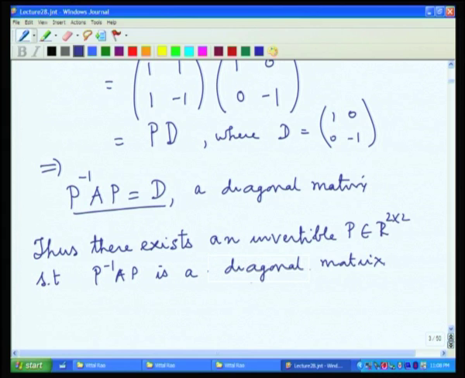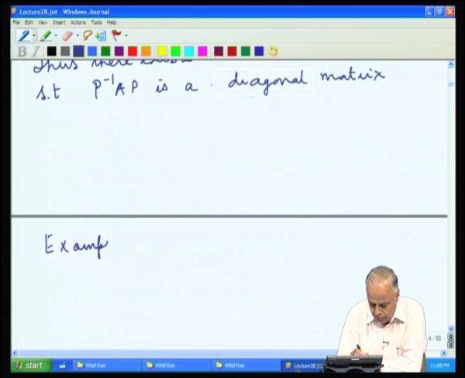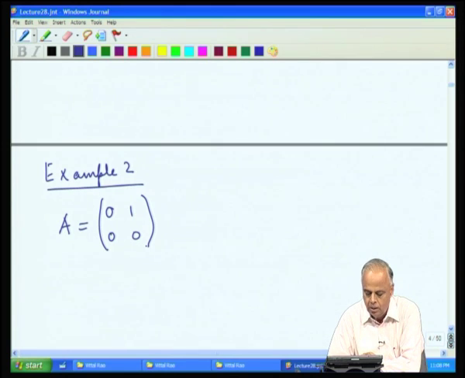Now, let us look at another example. Example 2, let us consider A to be the matrix 0 1 0 0. This is a real matrix.